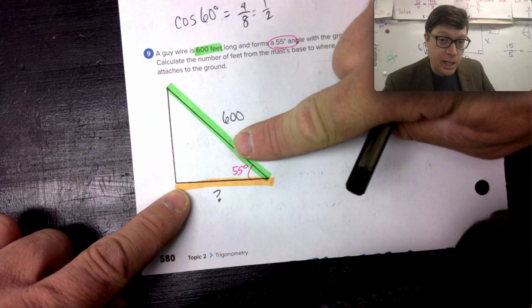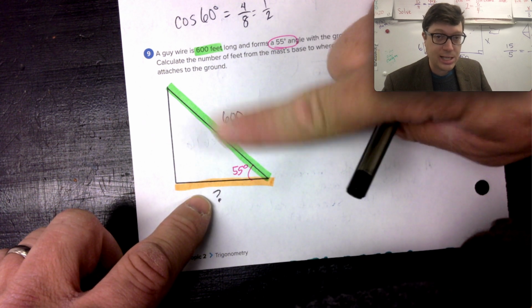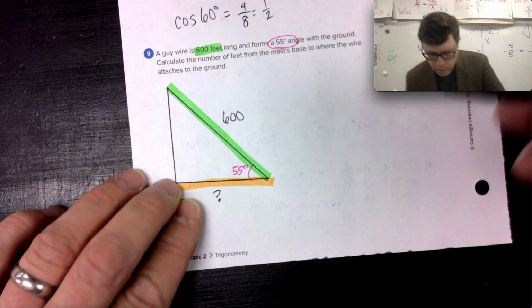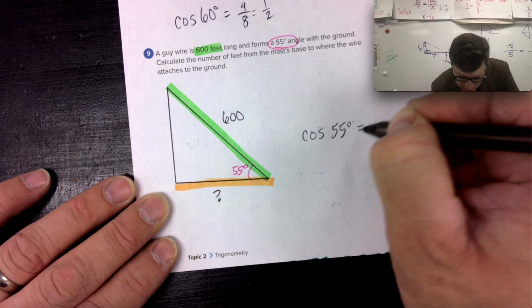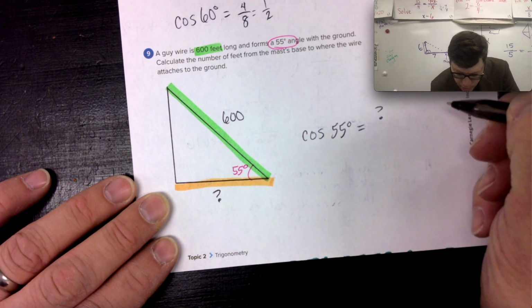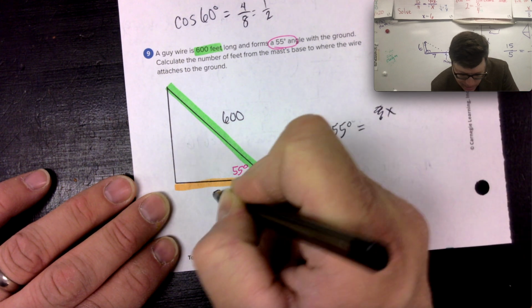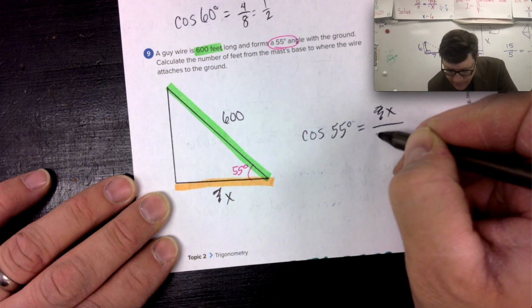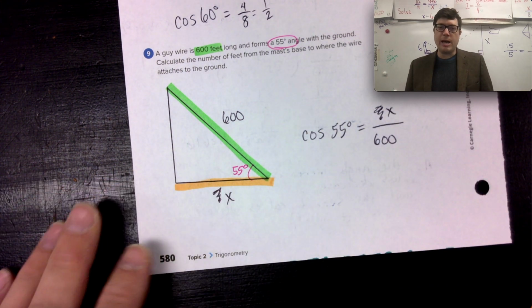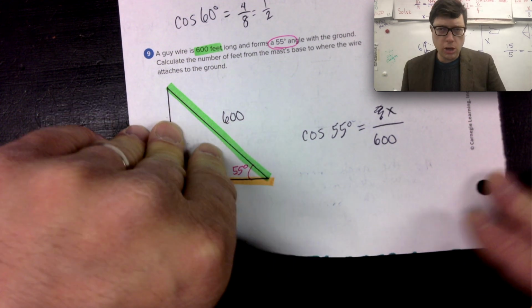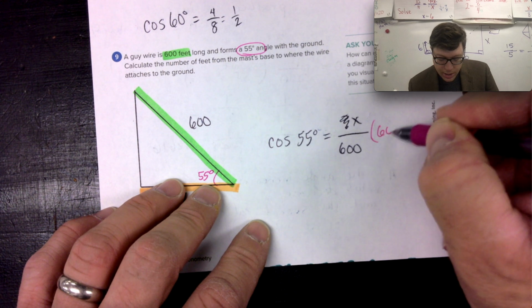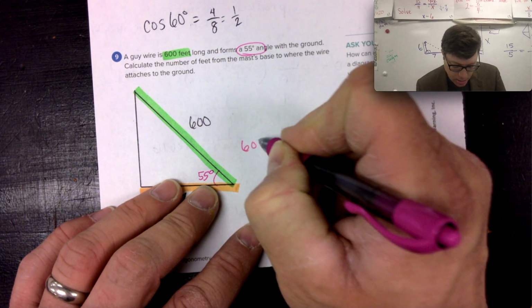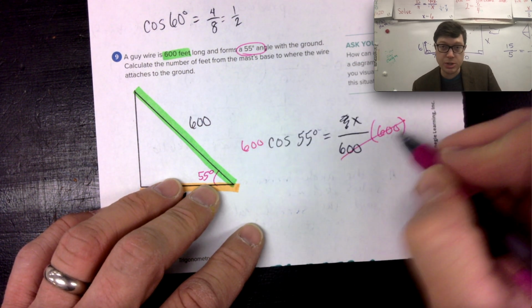It's cosine because it's going to be adjacent and hypotenuse made into a fraction. Cosine 55 degrees equals the unknown. Let's use x. I mean, come on now. We're able to understand variables. x divided by 600. Solve for x by multiplying both sides of the equation by 600. That'll reduce the 600 over here.